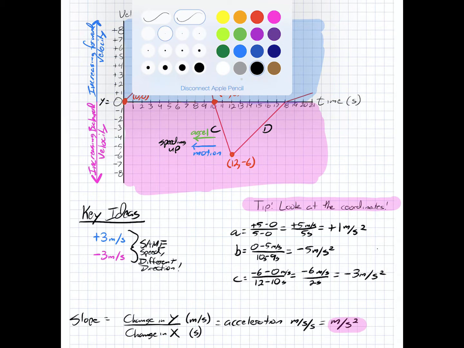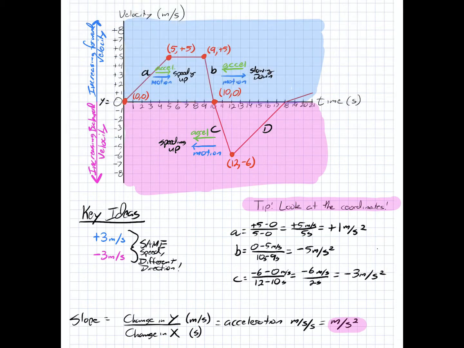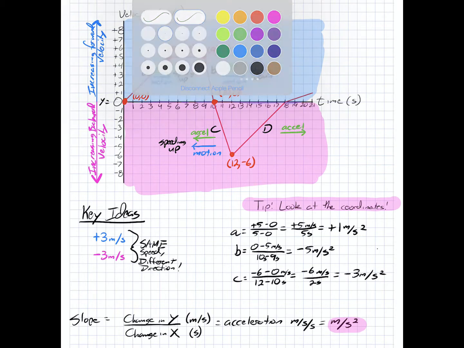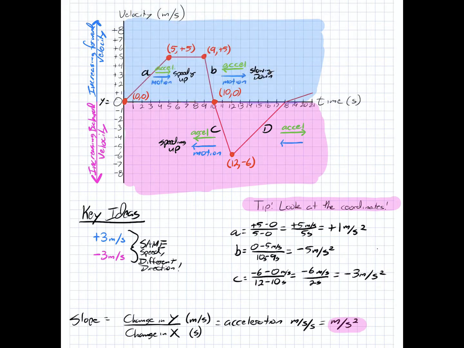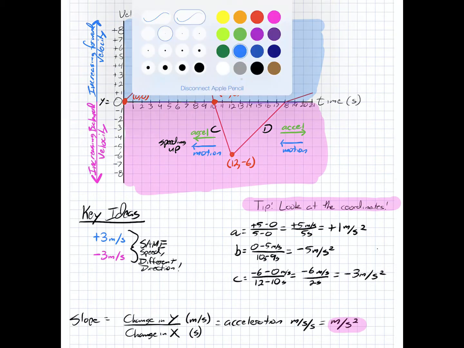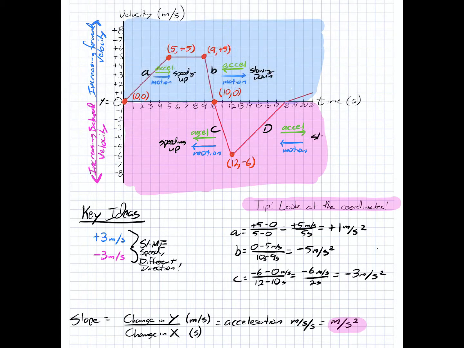Alrighty. And if we look at the line next to that over here, without calculating, we can see that the slope of that line is positive. And so we can see that acceleration is now acting in the forward direction. Motion is still acting in the backwards direction. So they are not in the same direction, which means that we are slowing down.